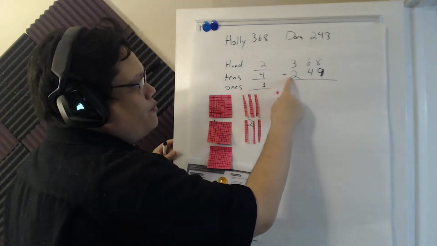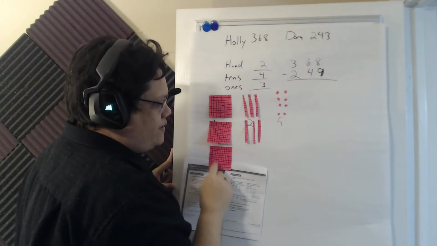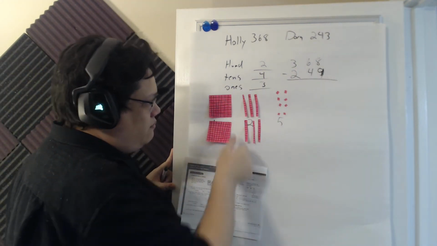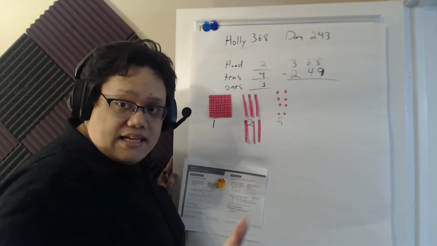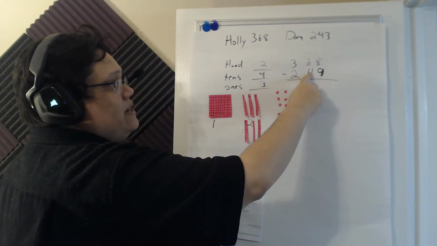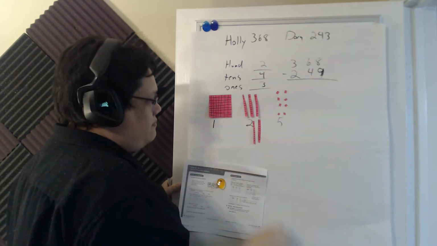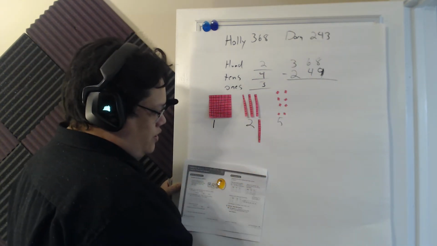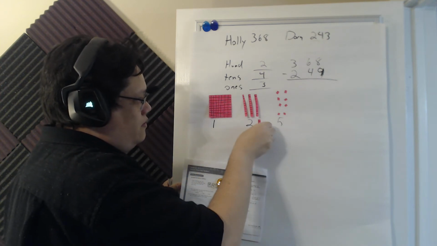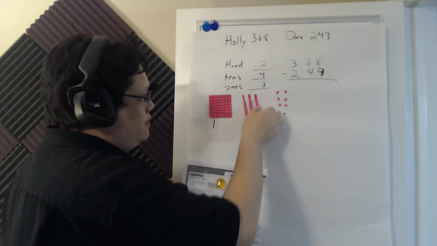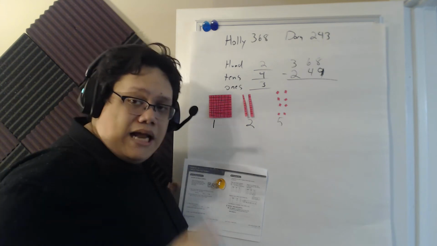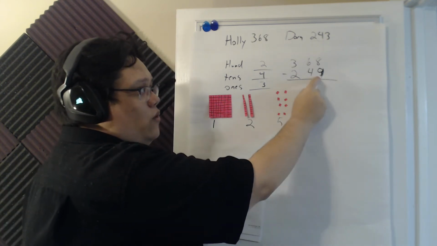We can still remove 2 100s. That's easy. Boom. That's the same. We then can remove 4 10s. That's the same. 1, 2, 3, 4. Now it wants us to remove how many ones?